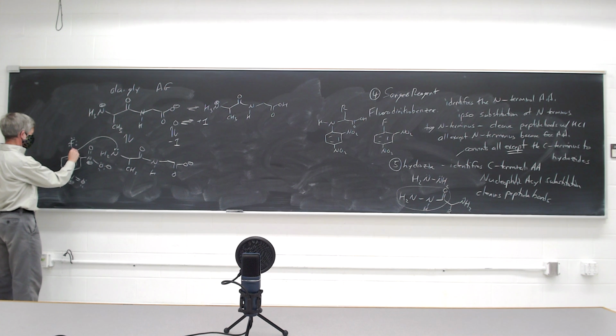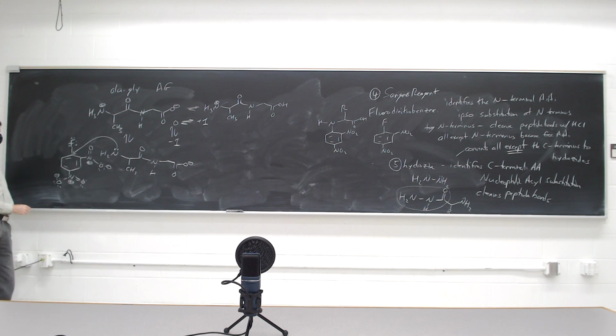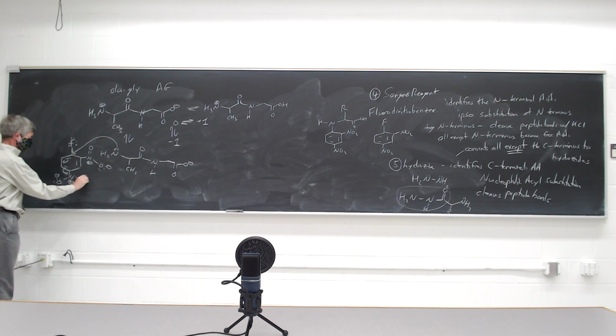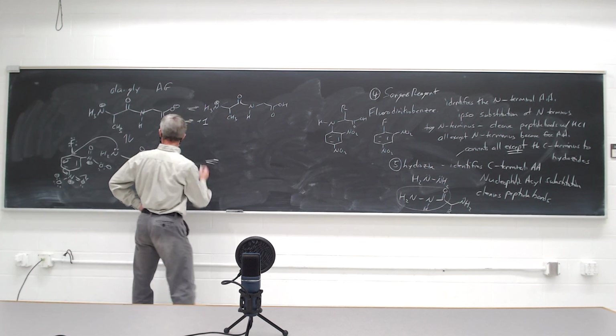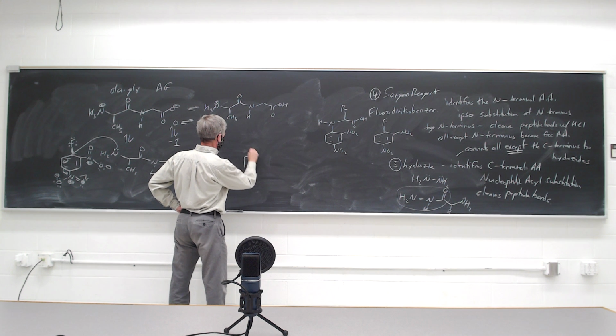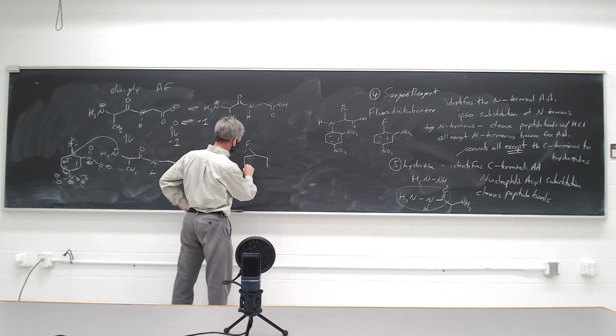We're simply going to come in and attack the benzene ring where the leaving group is, push our pairs of electrons down so we can delocalize them out onto the oxygen of the nitro group.